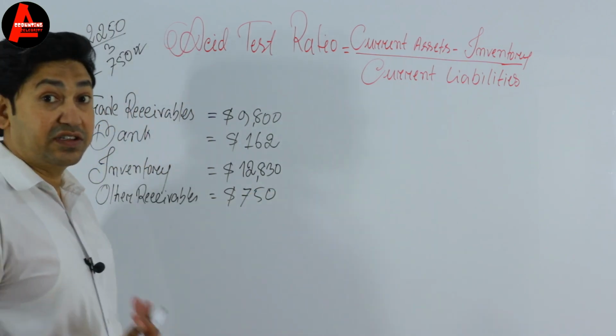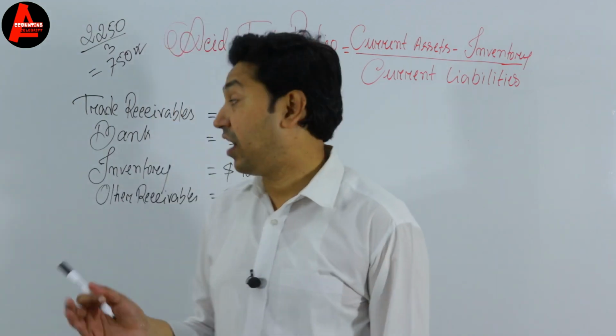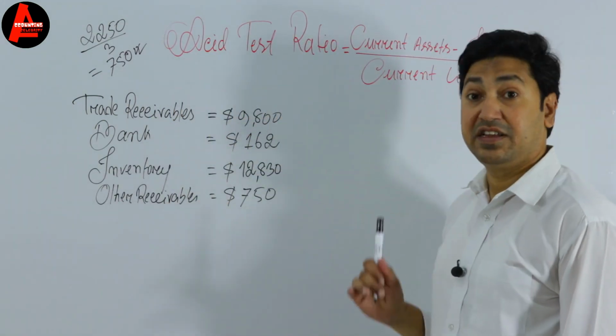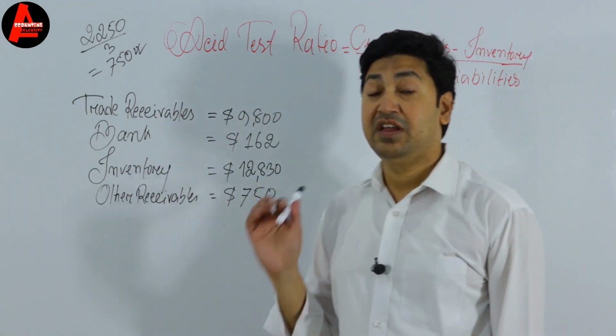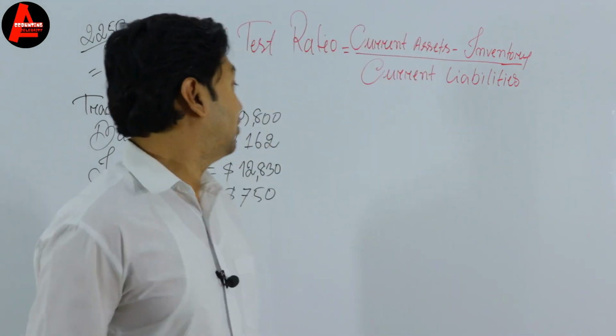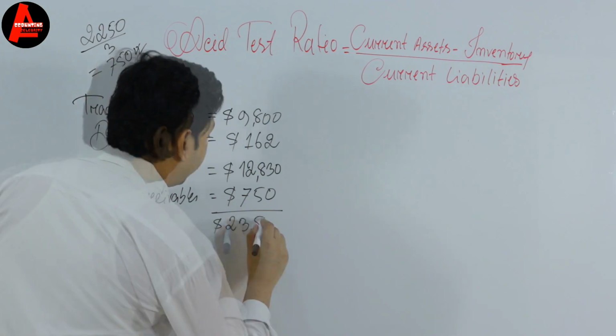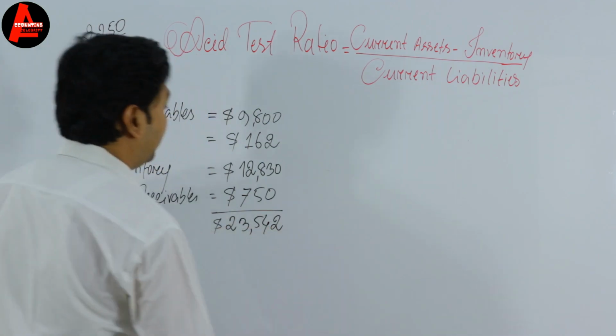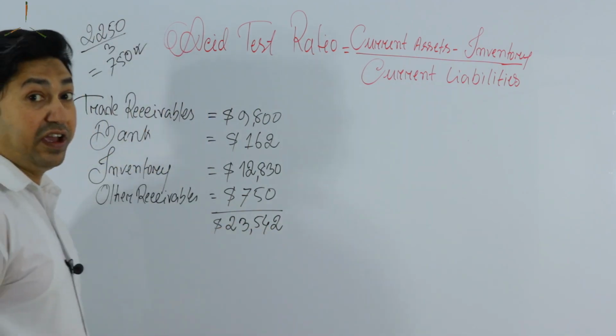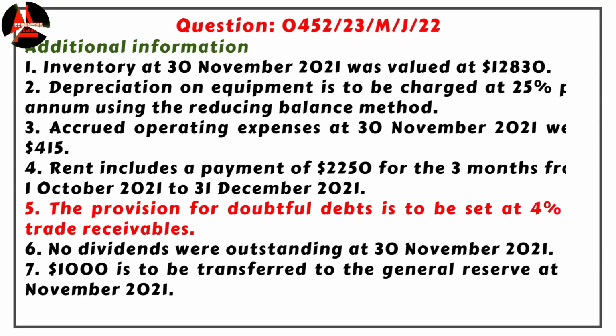So these are the amounts we have. These are the items we have as a current asset in this question. Now we will sum up. So here we get $23,542. So here on the question we have one more adjustment. Adjustment number 5, provision for doubtful debt is to be set at 4% of trade receivable.